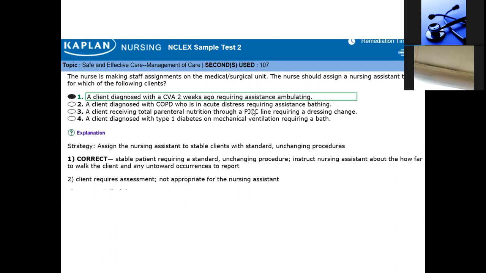Any kind of client advocacy is also the role of the RN.